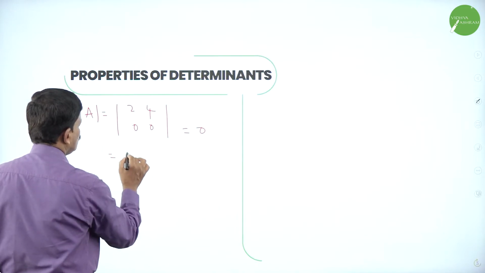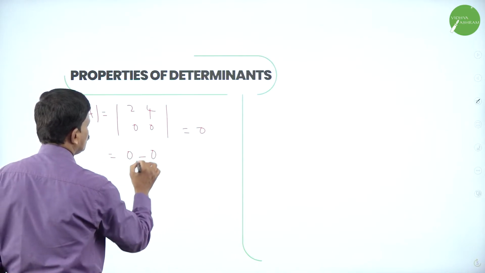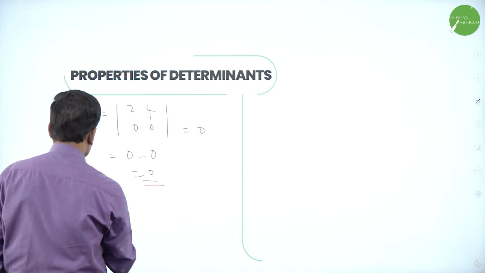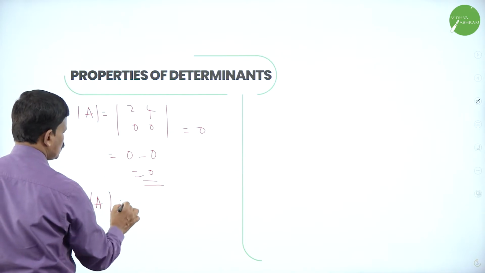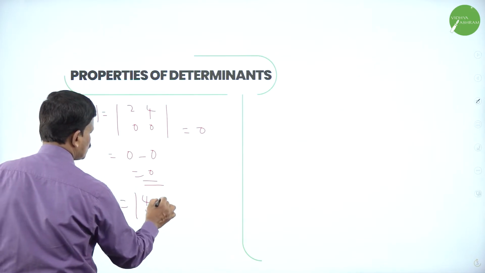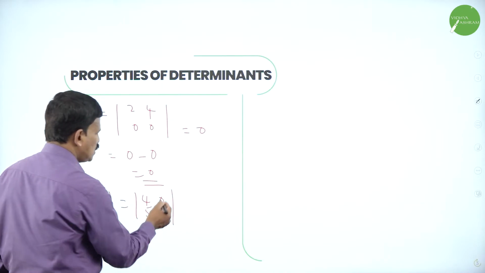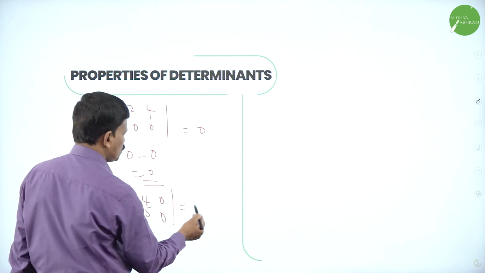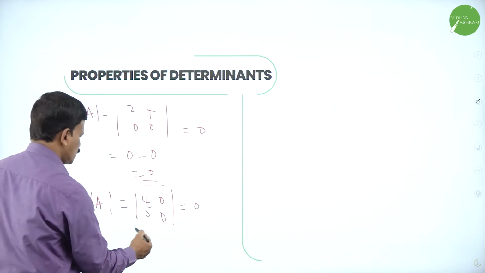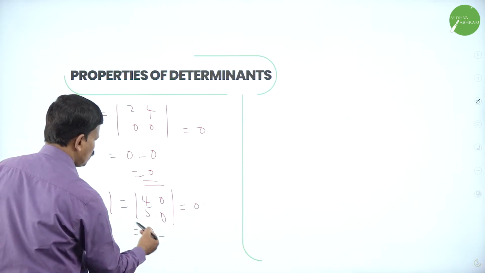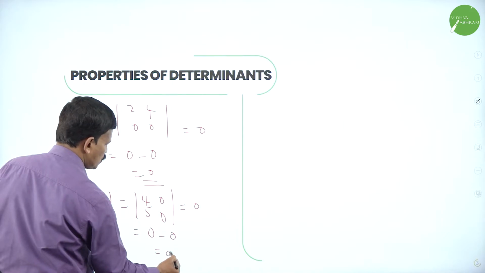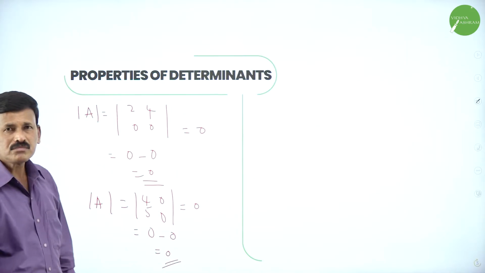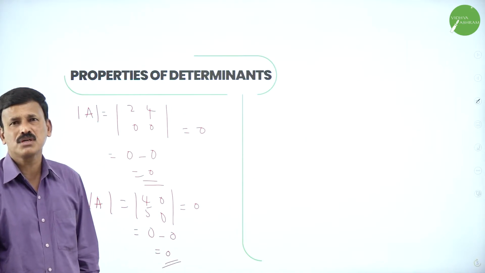Multiply: 2 into 0 is 0, minus 0 into 4 is 0. If I take another matrix, A is equal to 4, 5, 0, 0, here all the elements in the second column are 0. According to the statement, this is equal to 0. Let me check: 4 into 0 is 0, minus 5 into 0, this is equal to 0. This is in the case of 2 rows and 2 columns.